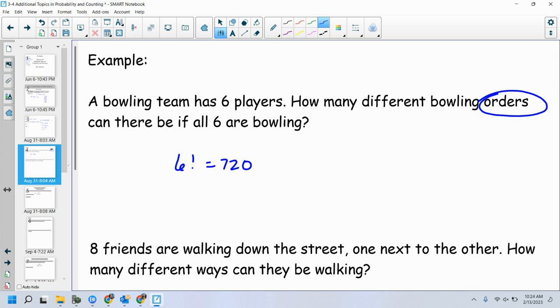What's interesting here is that I really could have thought about this as the fundamental counting principle. I choose my first bowler. How many different options do I have? 6 different options for my first bowler, right?